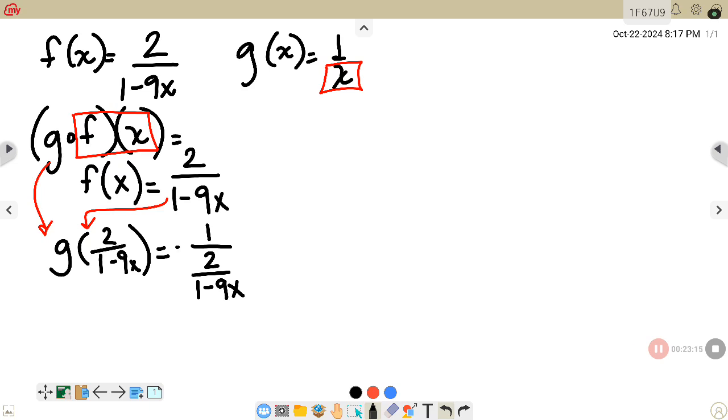So remember how we fixed that in the last one. I'm going to multiply the numerator and the denominator by the denominator of that smaller fraction, which is 1 minus 9x.